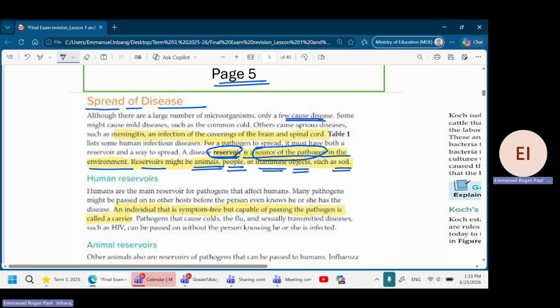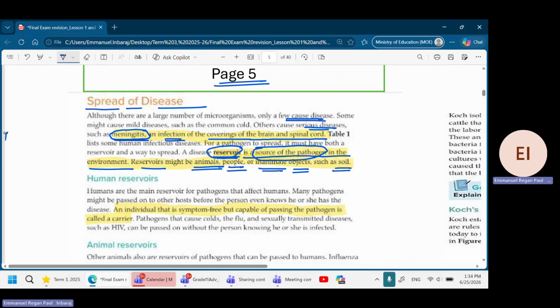Some serious diseases caused by microorganisms are given here. One is called meningitis. It is an infection caused in the coverings of the brain and the spinal cord. So remember this, meningitis. The infection of the brain and the spinal cord is called meningitis.